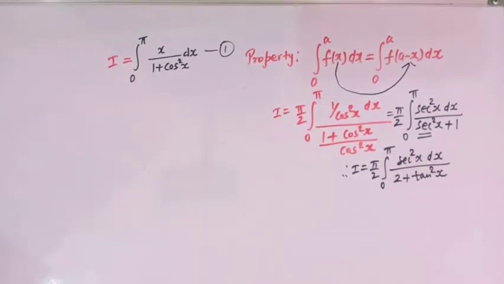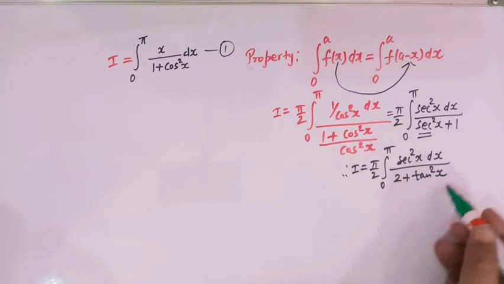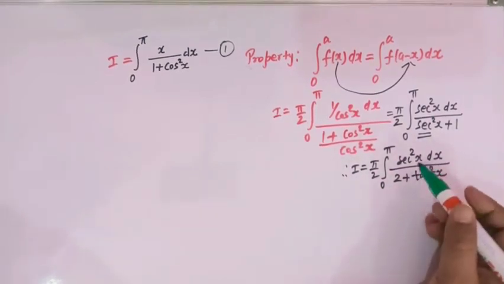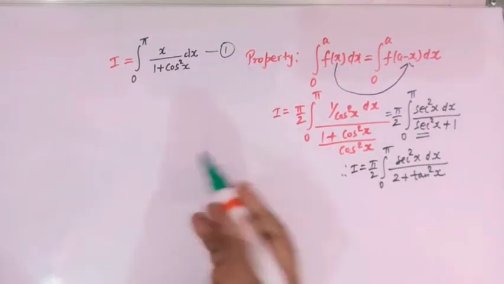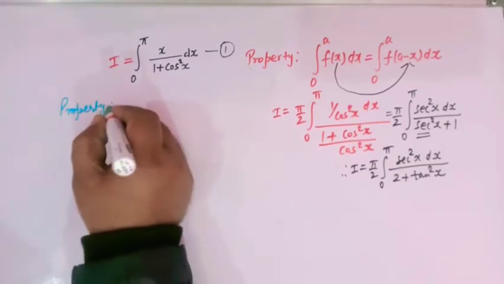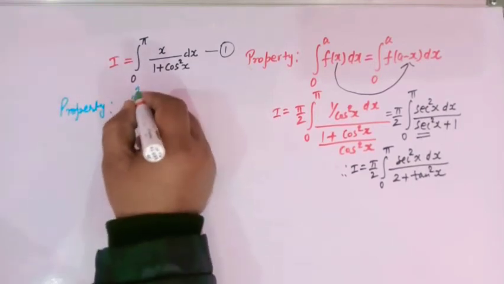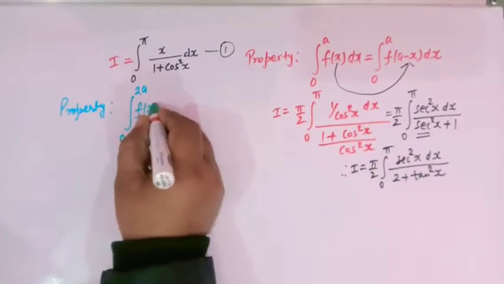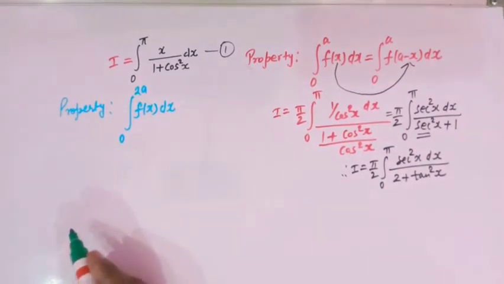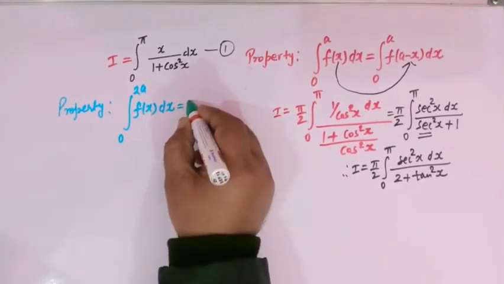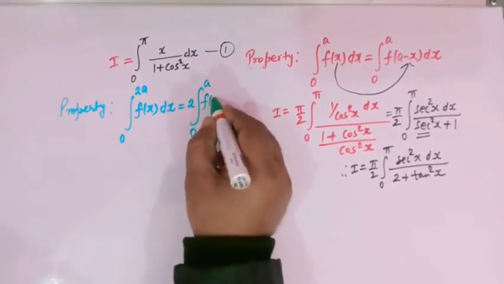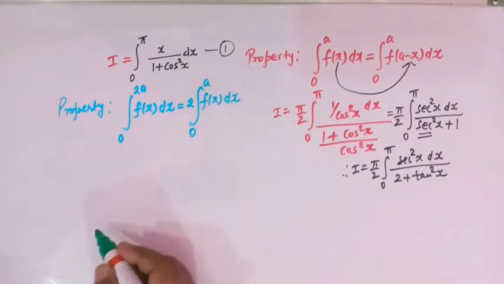Okay. So now viewers, at this step, before proceeding further, we have to make use of one more property which says that if we have the integral from 0 to 2a f of x dx, then this integral is equal to 2 times the integral from 0 to a f of x dx, right?